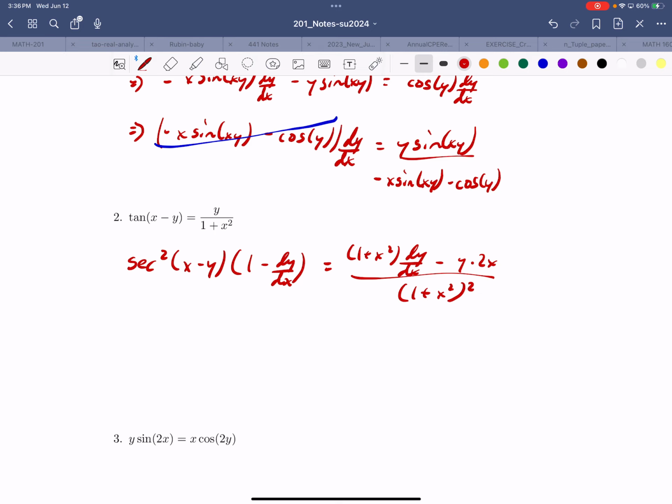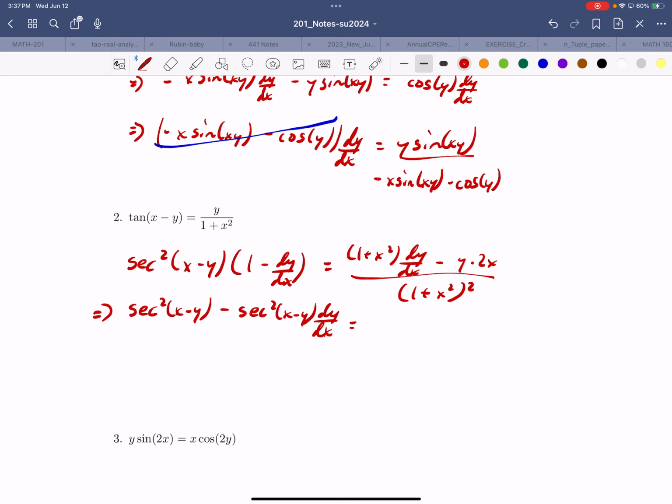We can make that look a little bit nicer, right? We simplify this and we'll get secant squared minus secant squared, right?